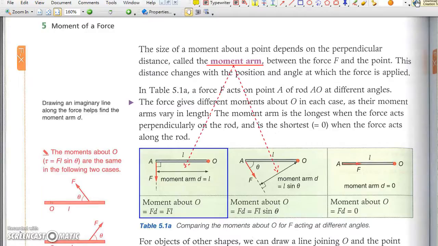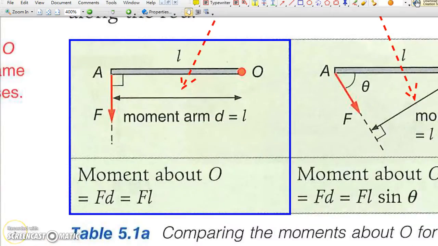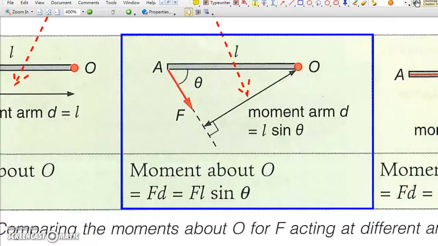The size of the moment arm depends on the point of action in the direction of the applied force, as illustrated in figure 5.1a below. On the left, the moment arm is L and the force is F, and so the moment is FL. In the middle, the moment arm becomes L sine theta, and so the moment is FL sine theta.